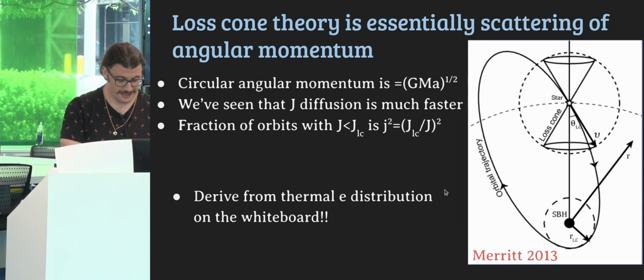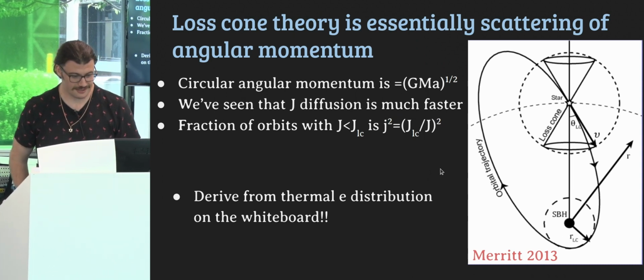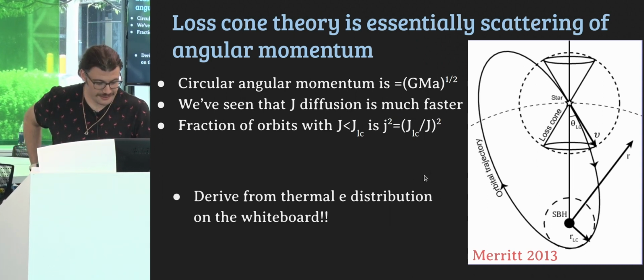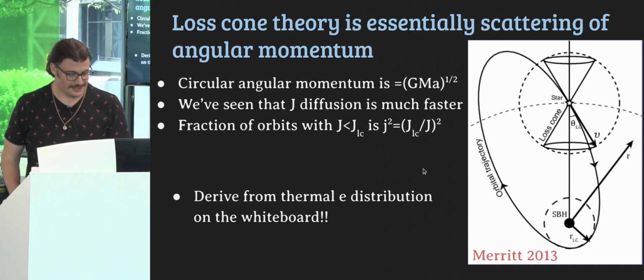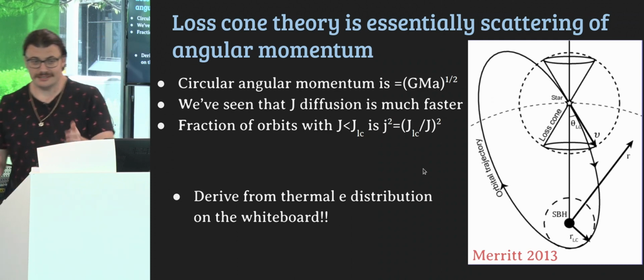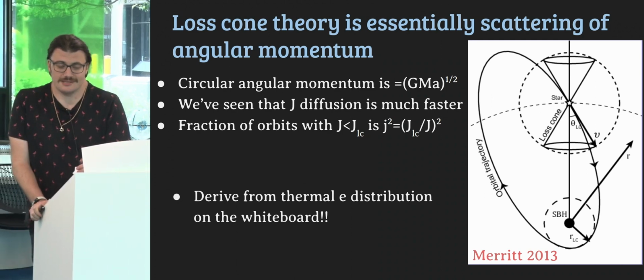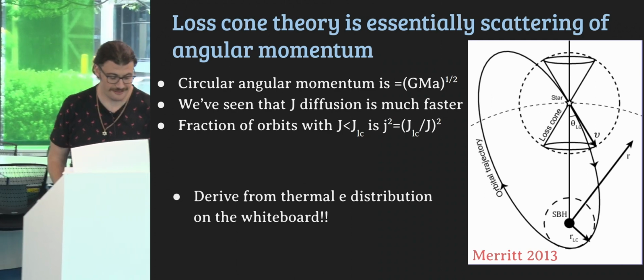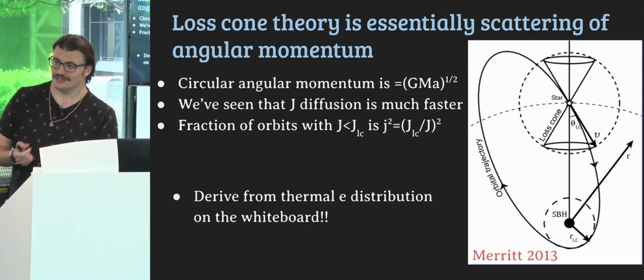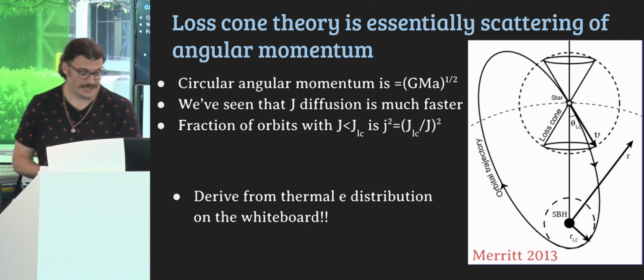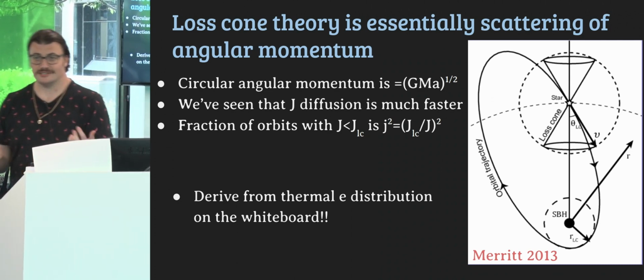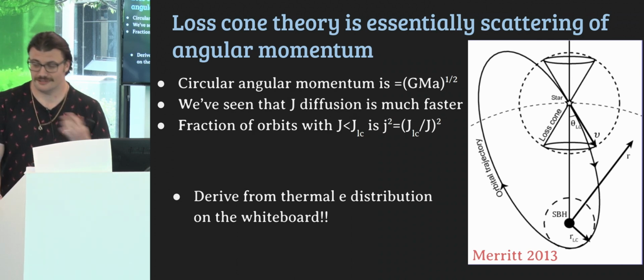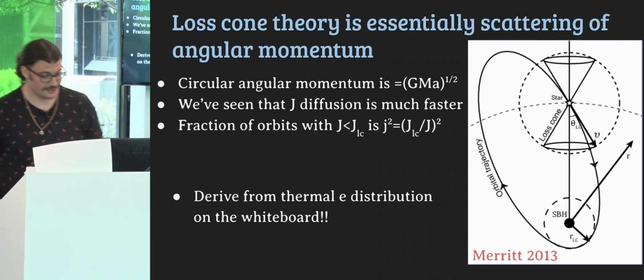So there must be something else, and that thing is the loss cone. The idea is the following. Initially, maybe the stars start with some energy distribution, but they also have different angular momenta or different eccentricities. Two stars that have the same energy could have very different angular momenta, right?